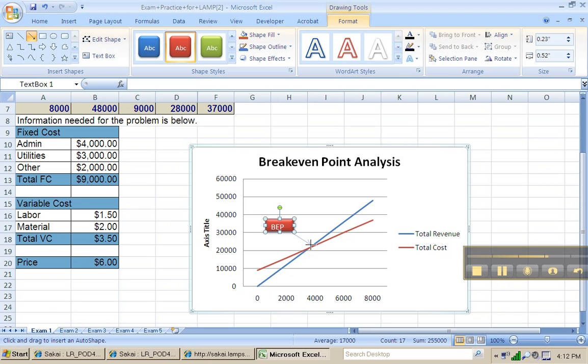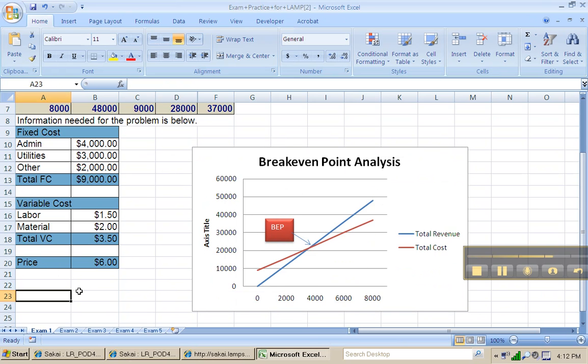Another thing I would like you to do is tell me what the actual break-even point is. So you'll have to do it algebraically. Algebraically, total revenue equals total cost.